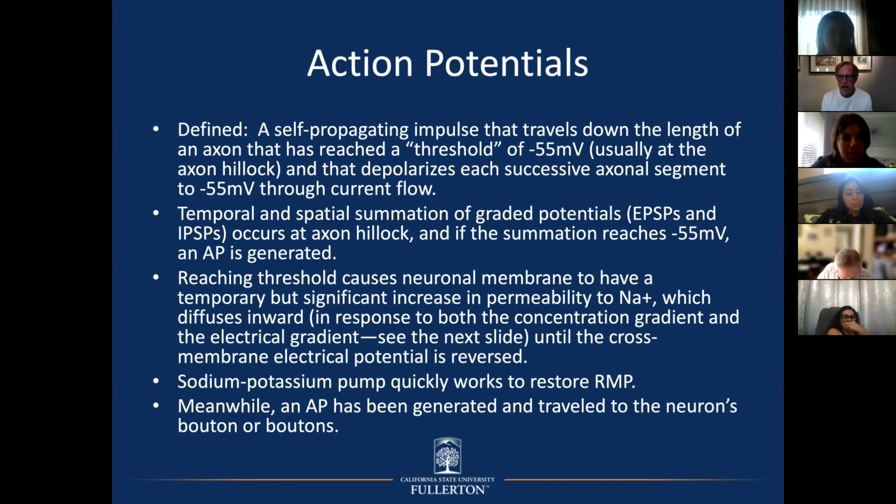So if they're too spread out in time, or if you have more IPSPs than EPSPs, it's not going to happen. If you have the required amount, but they're too spread out, not going to happen. If they're very close in time and enough EPSPs, not too many IPSPs, close to the axon hillock, then you'll get your action potential.